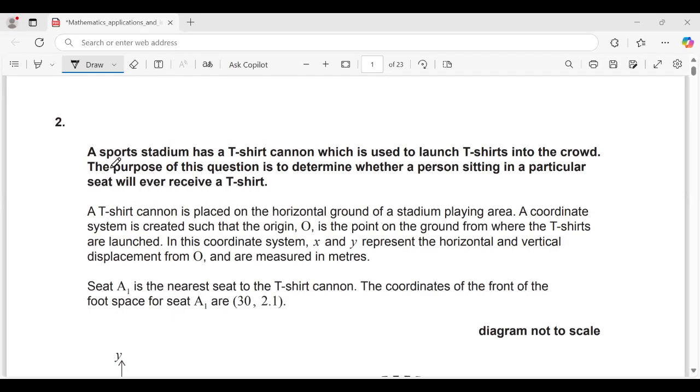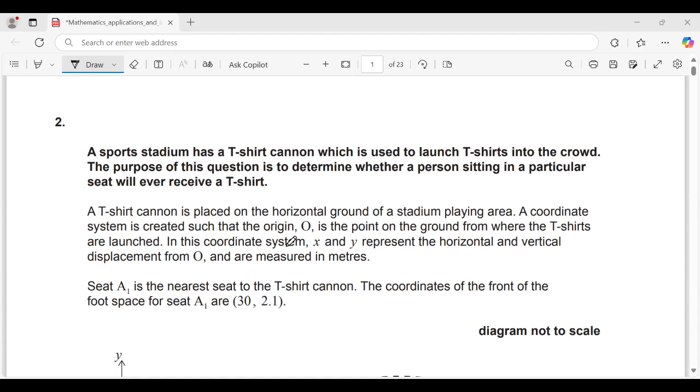Number two. A sports stadium has a T-shirt cannon, which is used to launch T-shirts into the crowd. The purpose of this question is to determine whether a person sitting in a particular seat will ever receive a T-shirt. A T-shirt cannon is placed on the horizontal ground of a stadium playing area. A coordinate system is created such that the origin O is the point on the ground from where the T-shirts are launched.